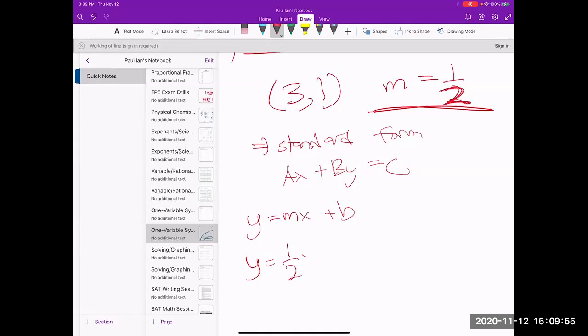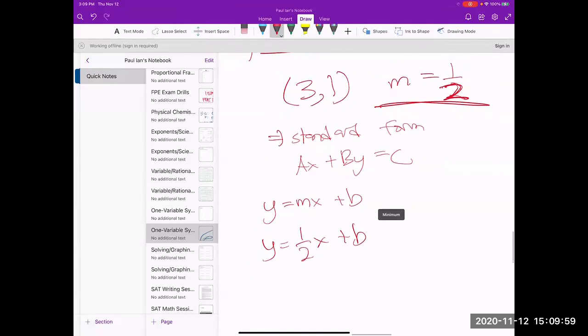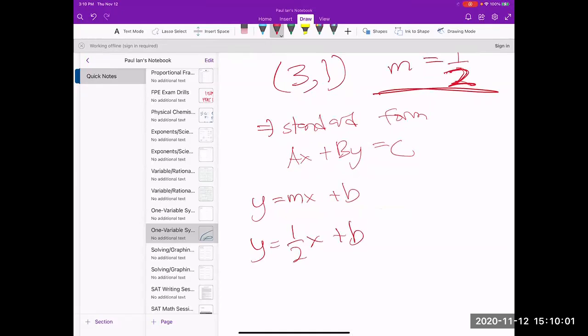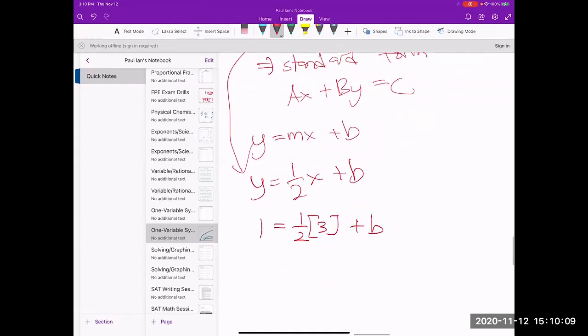Yeah, 1/2 x plus b. So how do you get b? Plug in one of the numbers. This guy. So 1 equals 1/2 times 3 plus b. So it's 1 equals 3/2 plus b. What is b?